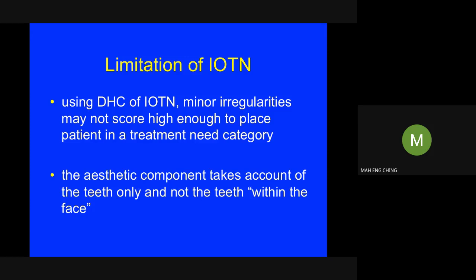Sometimes you see the teeth are very straight, but when patients smile, they have a severe gummy smile. So it doesn't show in those pictures. So you cannot score the patient even though they have a gummy smile. Straight teeth, class 1, gummy smile. Do we have to treat the patient? We still have to treat patients, but the teeth are already straight. So sometimes this aesthetic component doesn't reflect what the patient's problem is.